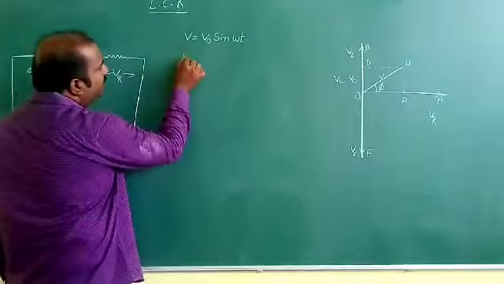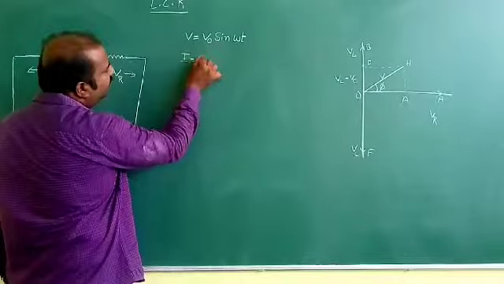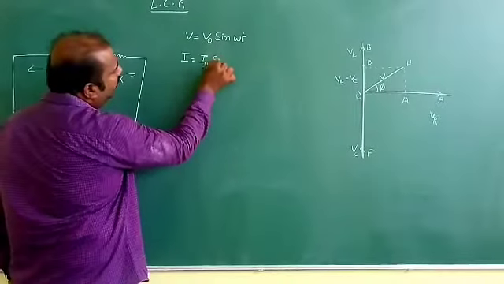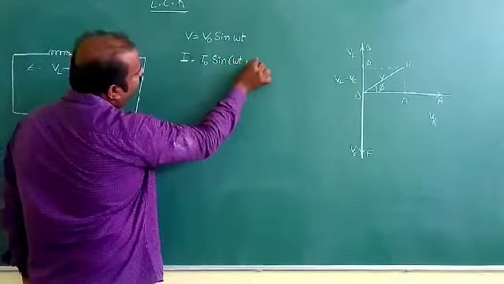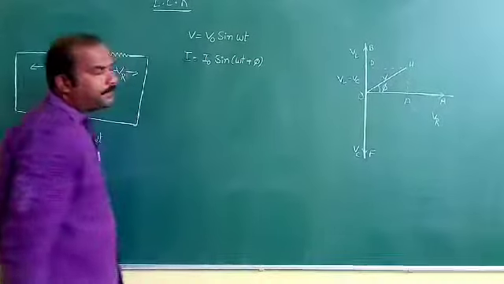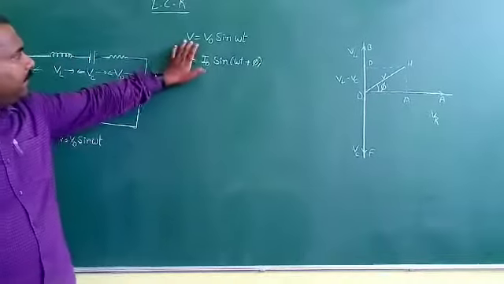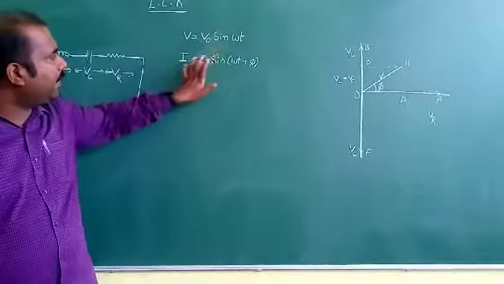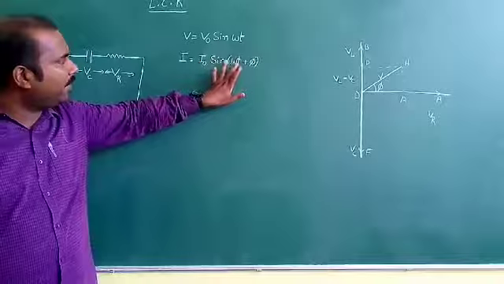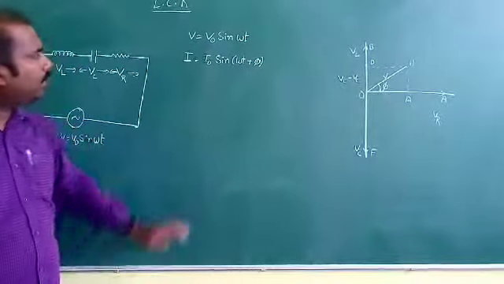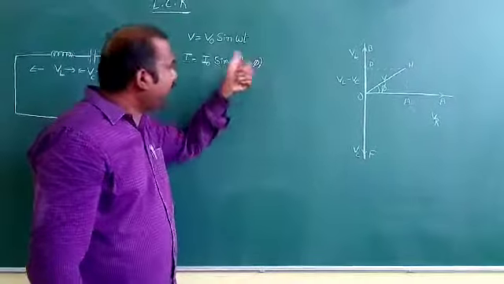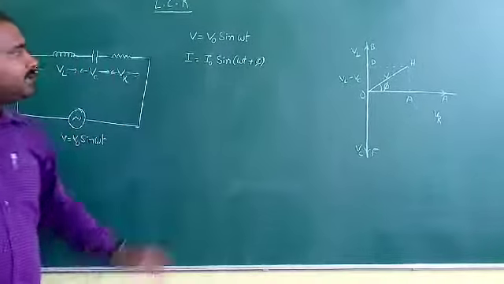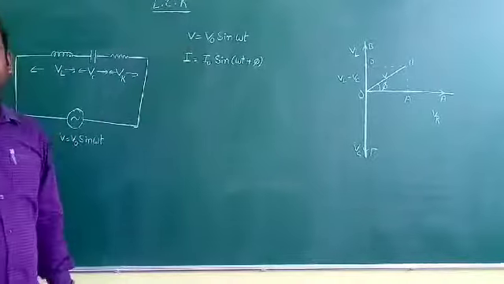Similarly, the current at any instant of time is given by I is equal to I naught sin omega t plus phi. How much phase difference is there between voltage and current? Phi is the phase difference between voltage and current.